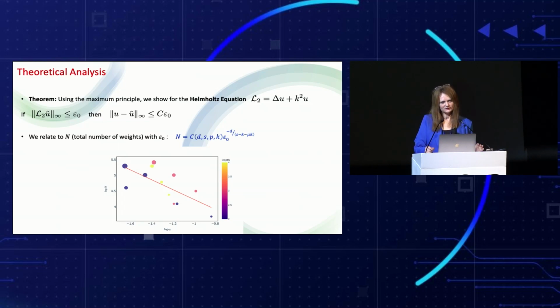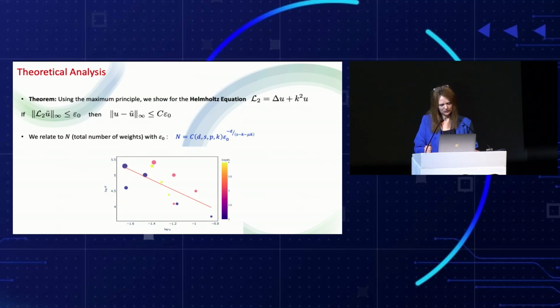In the paper, we also added a theoretical aspect, where we relate the truncation error, meaning the L2 error which acts on U, with the approximation error of the function itself. We have a theorem that makes the relation.